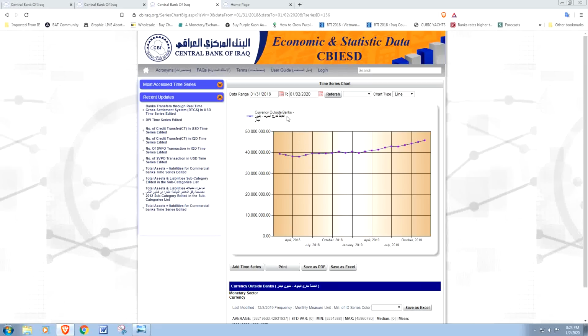So currency outside of Iraq is 45 trillion. So if you take the 5 trillion that's in country and the 45 trillion that is out of country, that equals the actual money issued, which is the 50 trillion. Okay. So we're talking about 50 trillion out there of dinar.